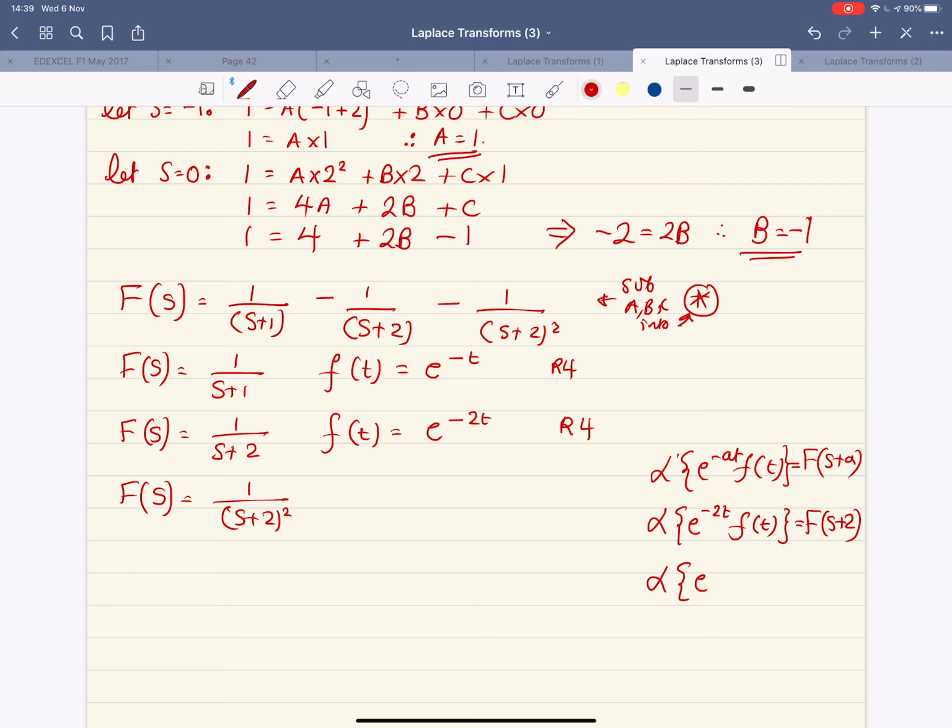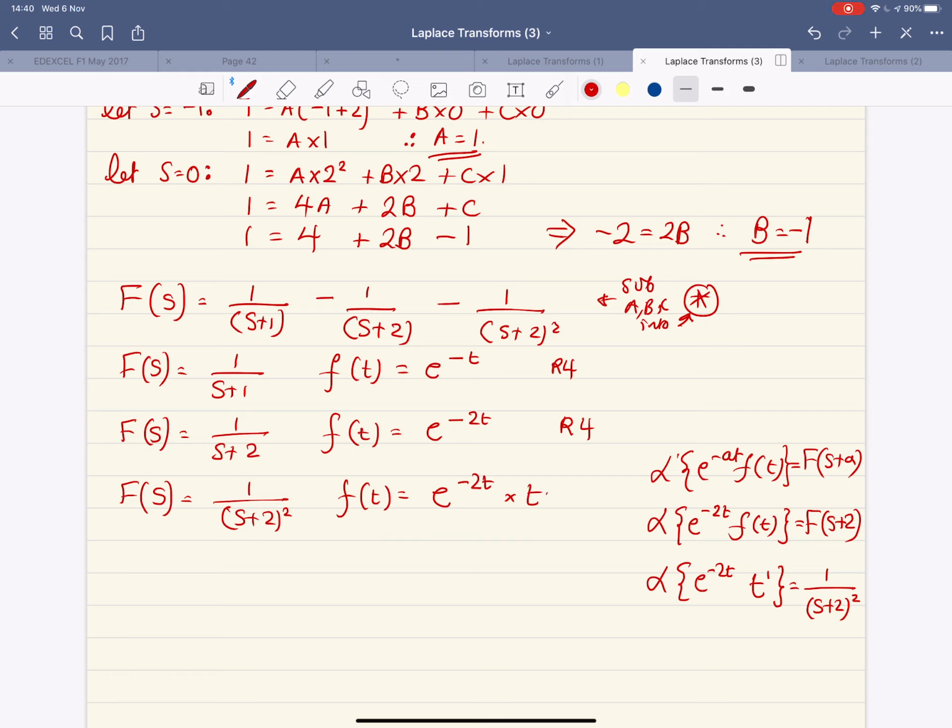Laplace of e to the minus 2t, t to the power 1, is 1 over s plus 2 squared. So we've actually got here f of t for this one is e to the minus 2t times t.